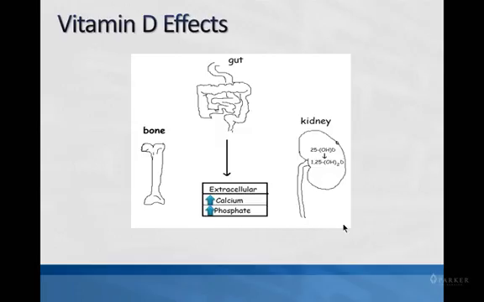Small amounts of vitamin D more promote calcification, or bone accretion. The exact mechanism behind that I'm not very familiar with. So depending on the levels of vitamin D, it can promote accretion or resorption. We're just going to leave it there.